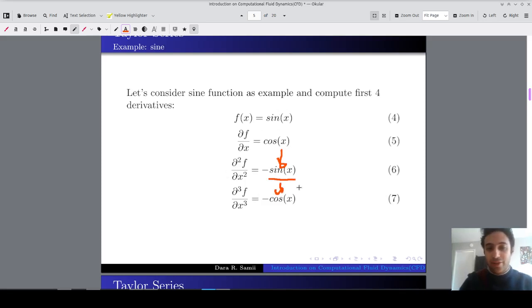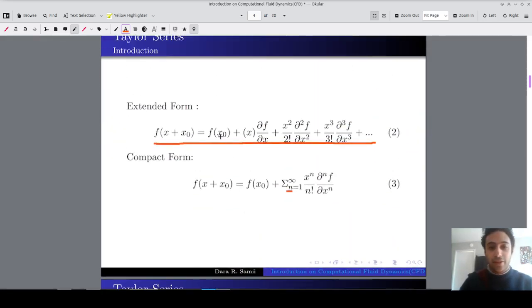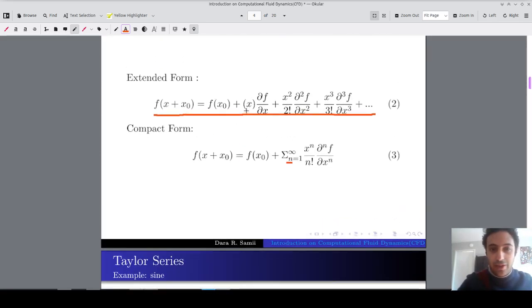If we have these derivatives and write this form, x0 is the target value of ours. If you, for example, consider this as 0, f(x) will be considered as x in the near of 0, f at x when x is equal to 0, times x by the first derivative, plus x to the power of 2 divided by 2 in the second derivative, and so forth.